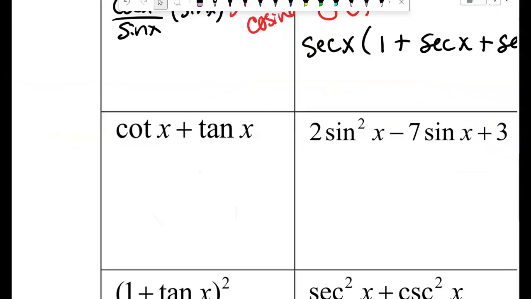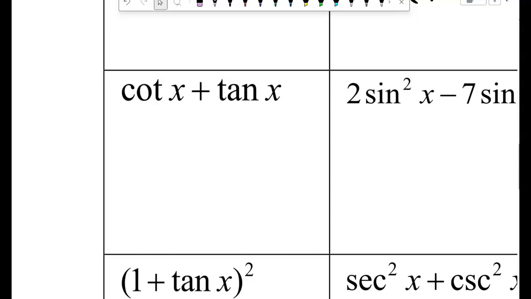All right. Cotangent x plus tangent x. Yeah, when I'm looking at this one, it's probably screaming sine and cosine, probably because we have no idea what the other side is. So when in doubt, let's change it to sine and cosine.